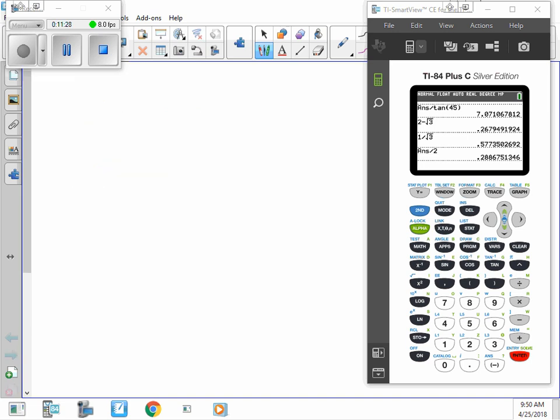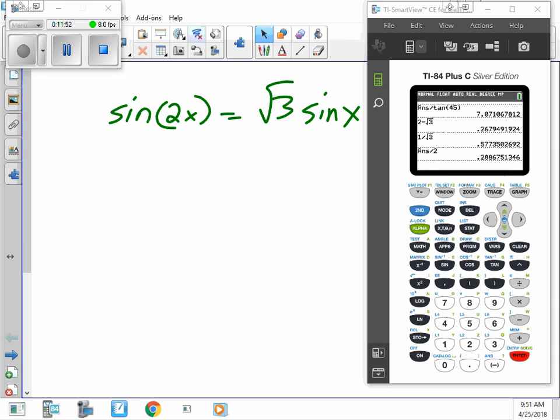Okay, 72. Sine of 2x equals root 3 sine of x. What would you do here? Yeah, I guess you could do it that way.